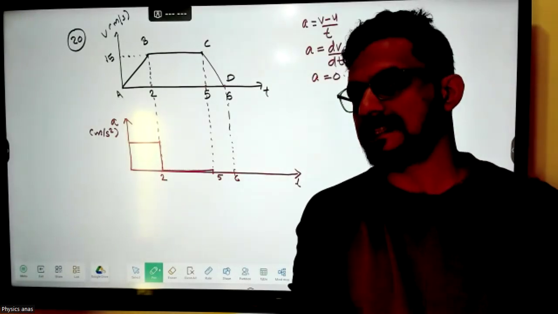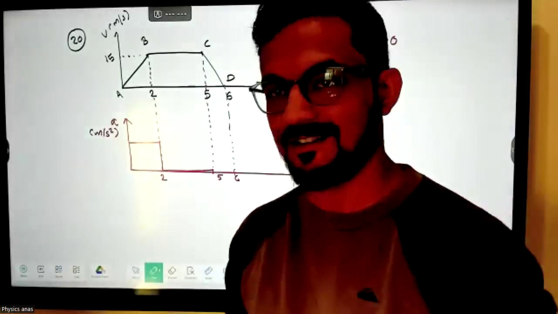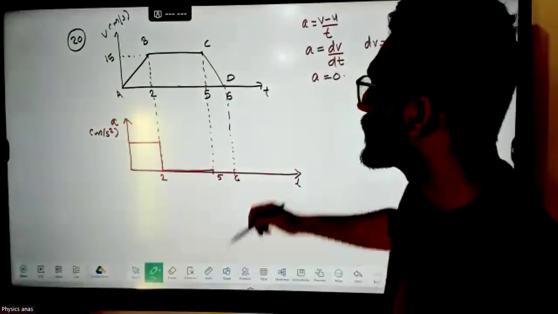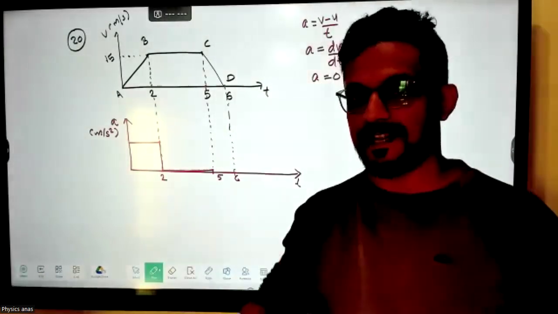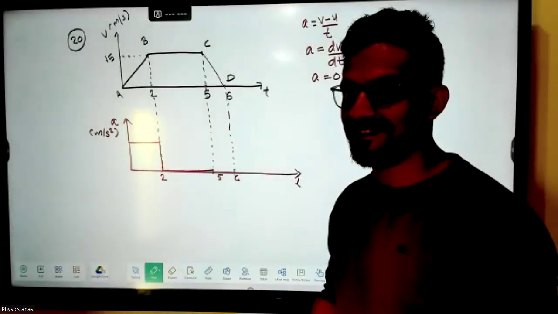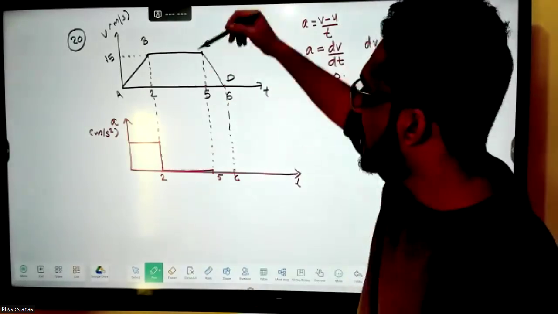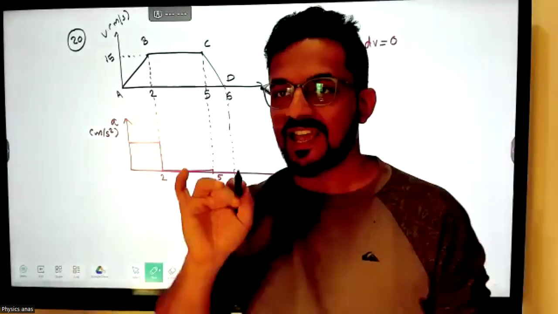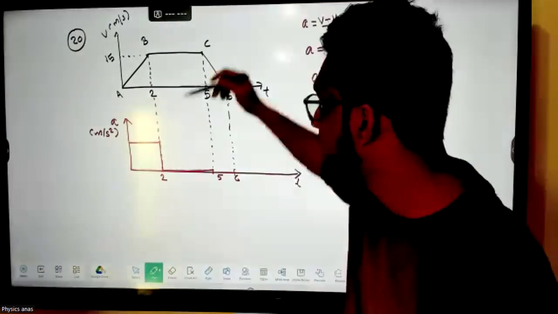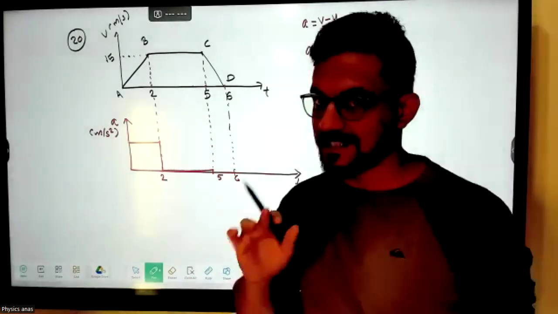If velocity is decreasing, at that time acceleration is called retardation. Do you remember that? It will have a negative slope. Now the line CD has a negative slope.